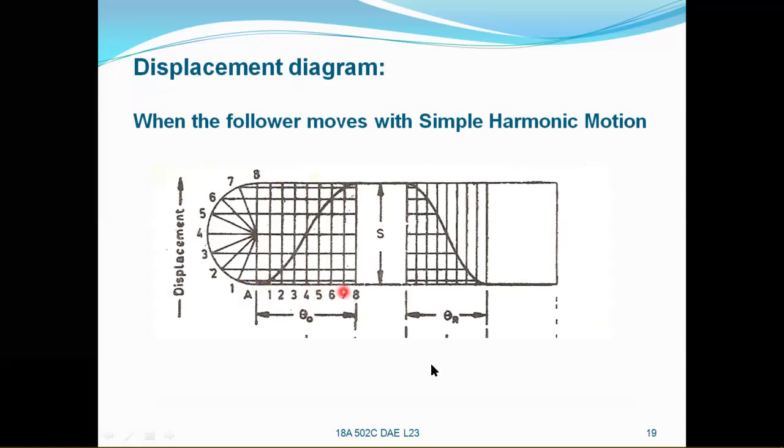So this is the outstroke or angle of rise, and this return stroke or angle of return, and this is the lift, and divide this into 8 or 6 or 4 or 10 even number of parts. And similarly, whatever the number of parts here you have divided, the same number of equal parts should be divided here also on return stroke, and draw a semicircle with the diameter A as the lift.